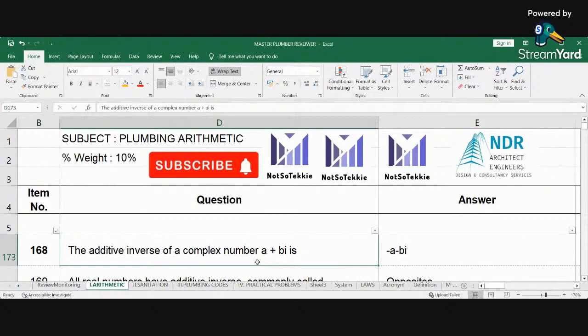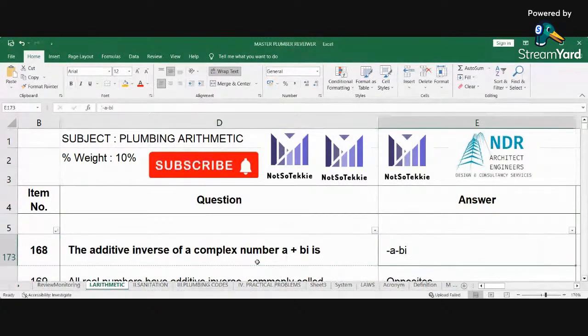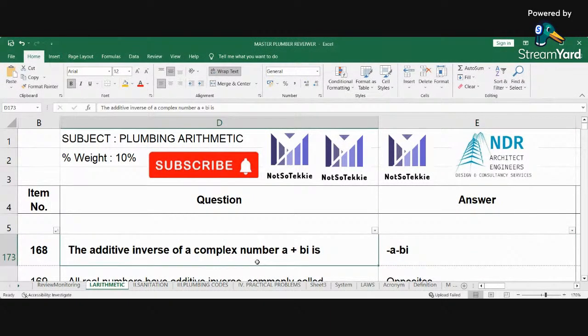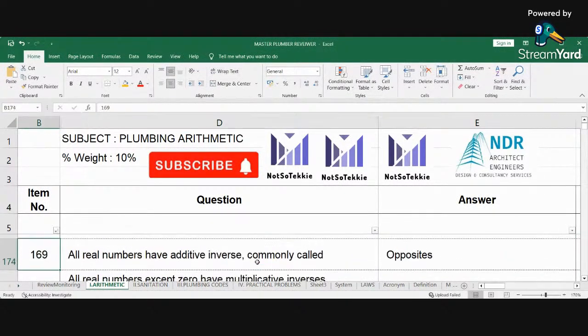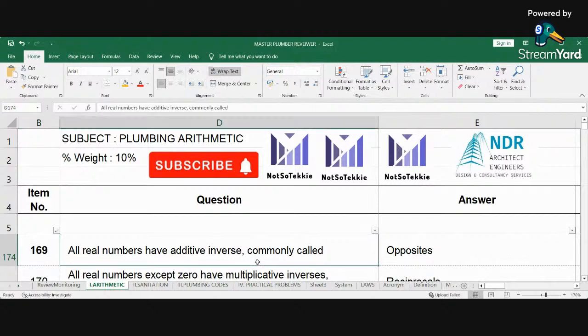168. The additive inverse of a complex number a plus bi is negative a minus bi. 169.